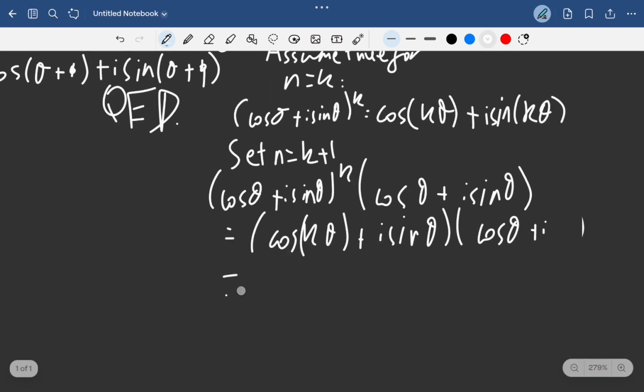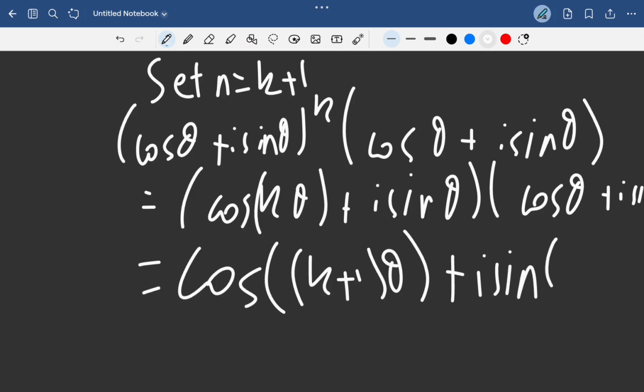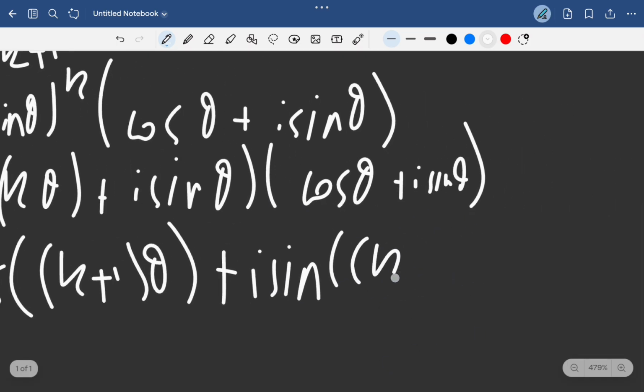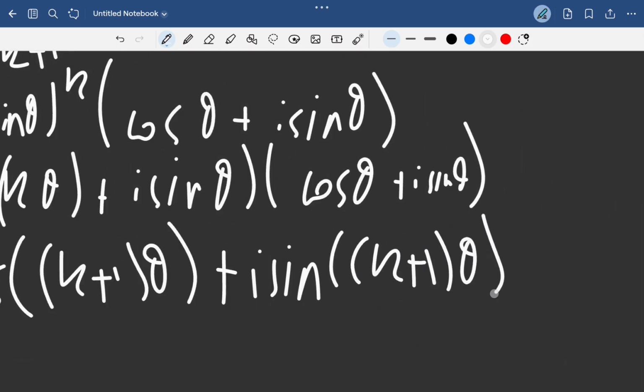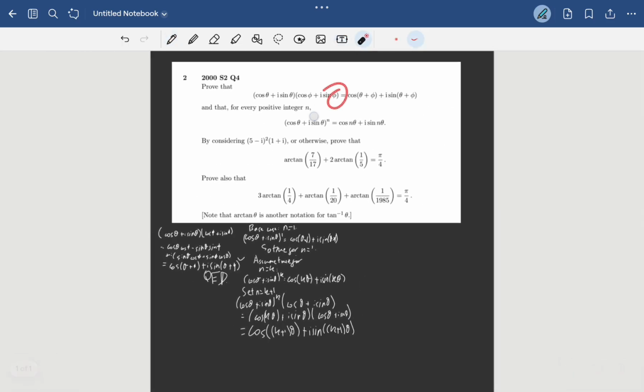Cool. And then we know from the first part that this is cos of k plus 1 theta plus i sine of k plus 1 theta, because in the first part we can just let phi equal k theta. So k theta plus theta is k plus 1 times theta.